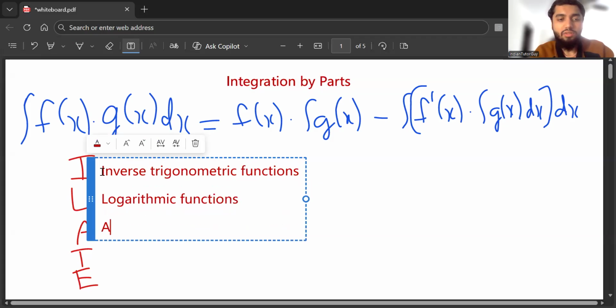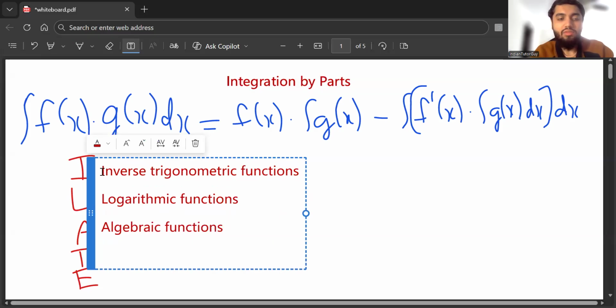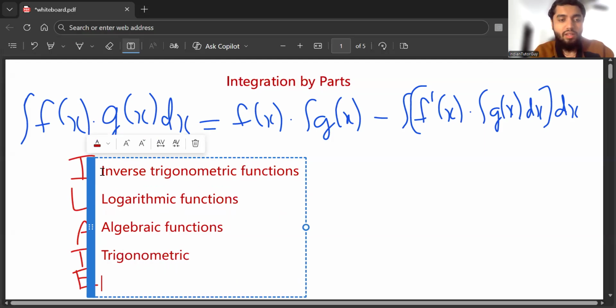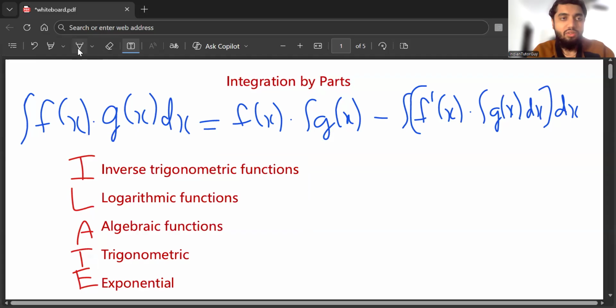A would stand for algebraic functions. The T would stand for the regular trigonometric functions, and the E would stand for exponentials. So maybe we should go over an example of each of them.